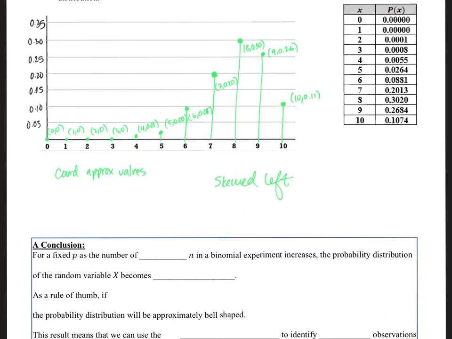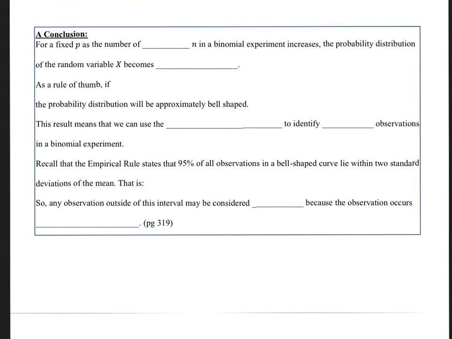All right, so a conclusion. For a fixed p, which is, remember, the fixed probability, as the number of trials, n, in a binomial experiment increases, the probability distribution of the random variable x becomes bell-shaped.